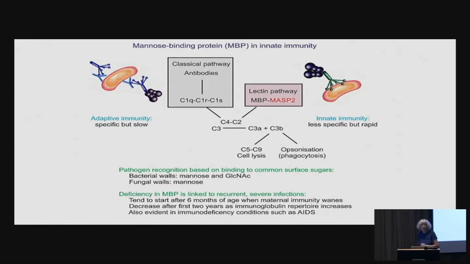Okay, so mannose binding protein in innate immunity. This is a soluble lectin, which can mediate antibody-independent complement fixation. It binds sugars on pathogens, typically mannose and N-acetylglucosamine, which are common in bacterial cell walls and fungal walls.